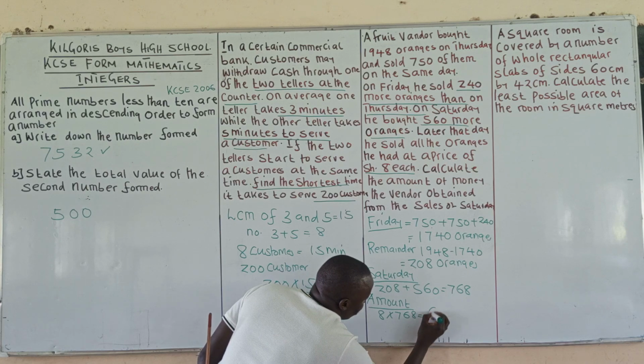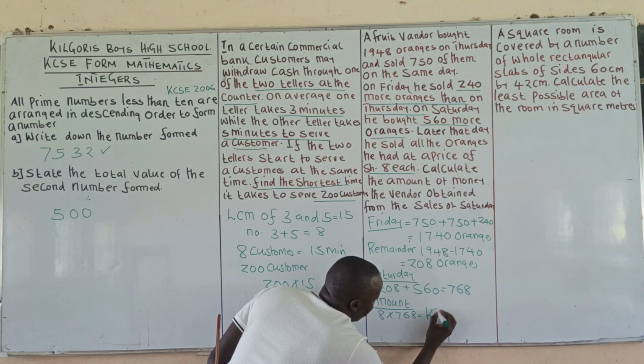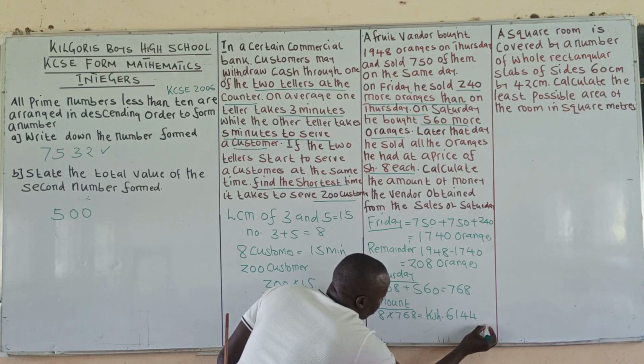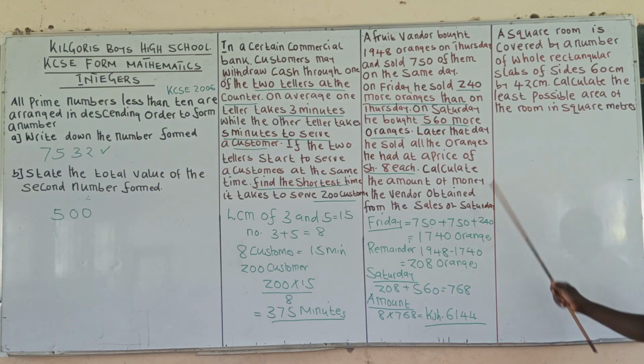So this is the amount of money the vendor obtained from the sales of Saturday. So this is KCSE 2010. Get KCSE papers and familiarize yourself. We are on Integers, Form 1.